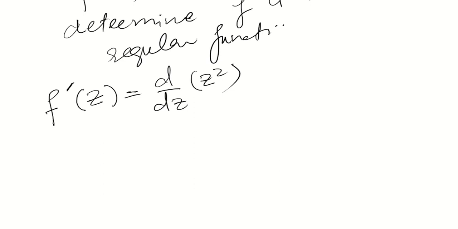At the end of the day we will get the same result, but we are trying to understand the fact, so we have to do the whole process. So we define the limit for the derivative: f prime of z is equal to limit delta z approaches 0.